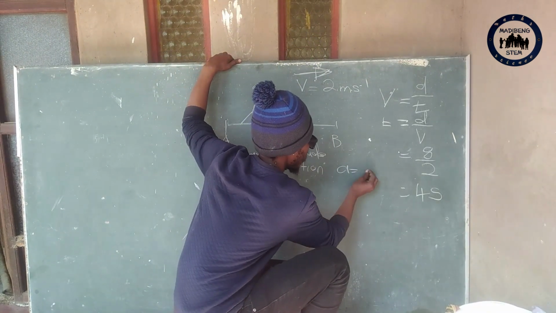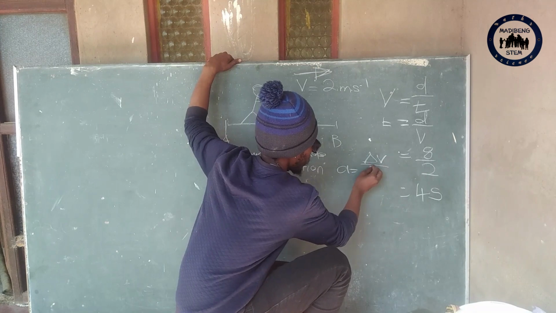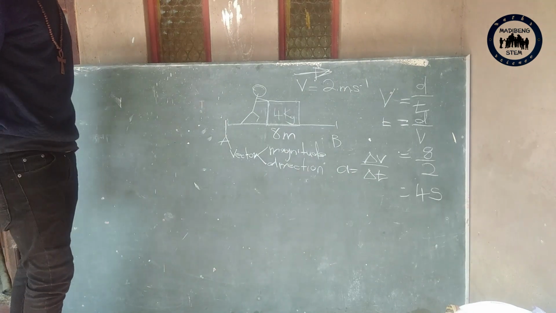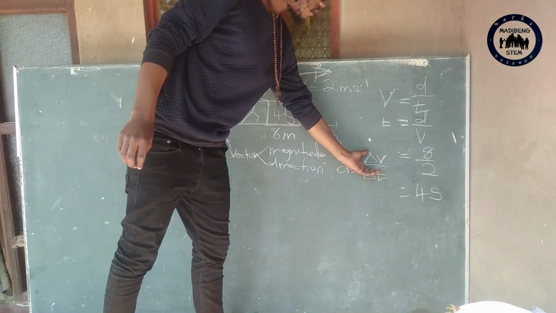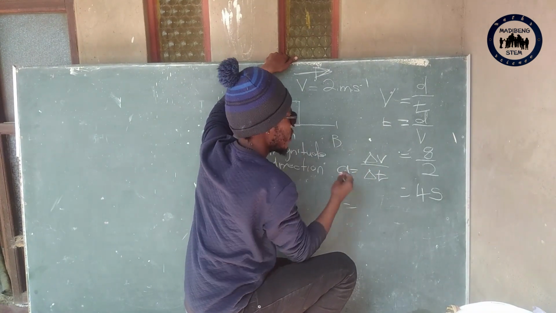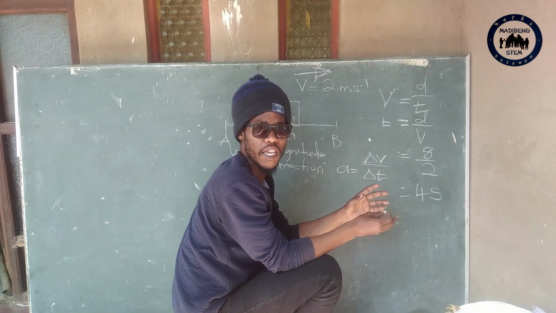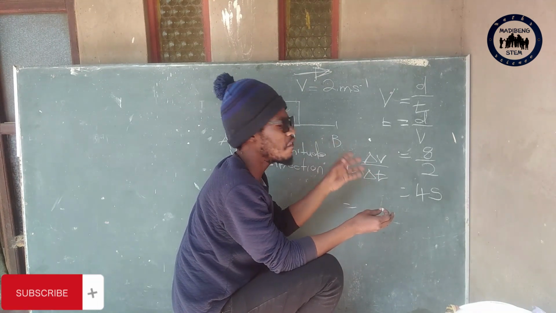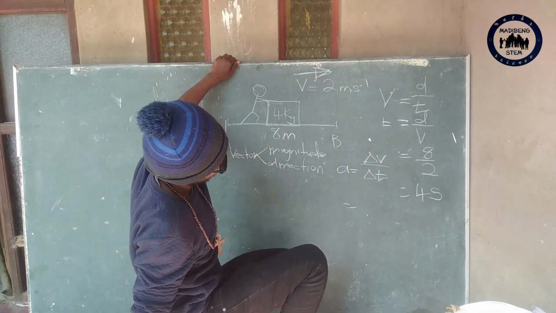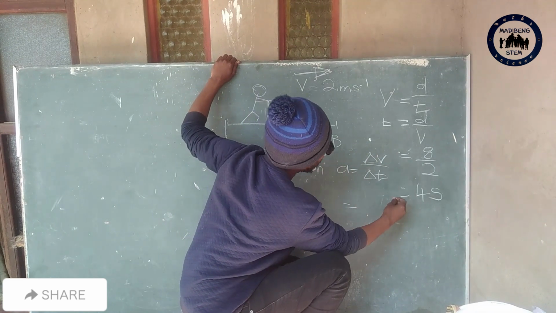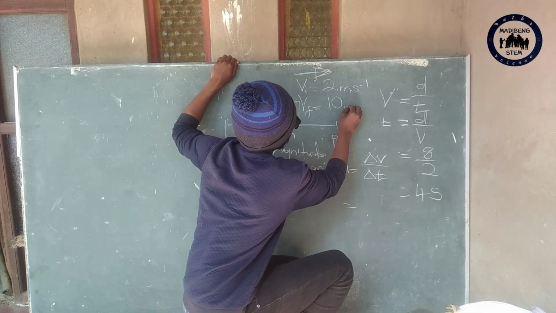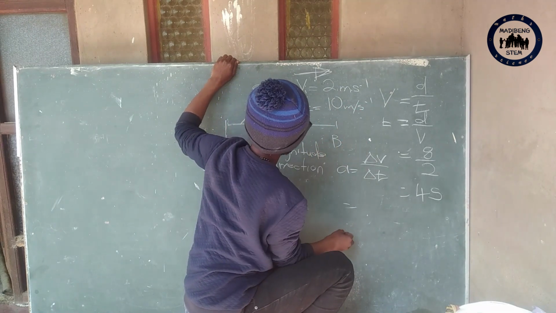Acceleration is the rate of change of velocity divided by the change in time. So he accelerated. This is the final velocity. They say calculate acceleration if the final velocity is 10 meters per second. So we have the initial velocity, they gave us the final velocity, which is 10 meters per second, and we also have time.